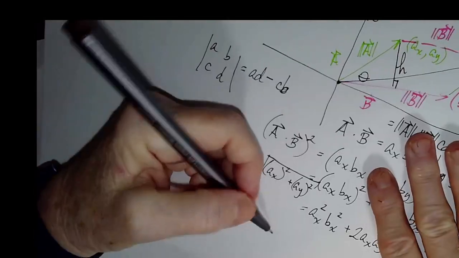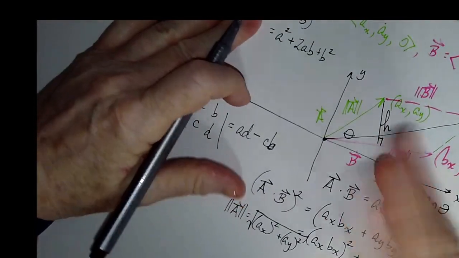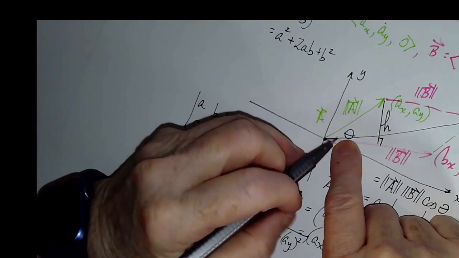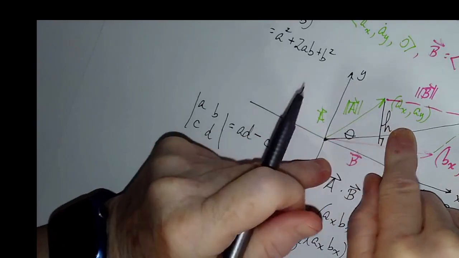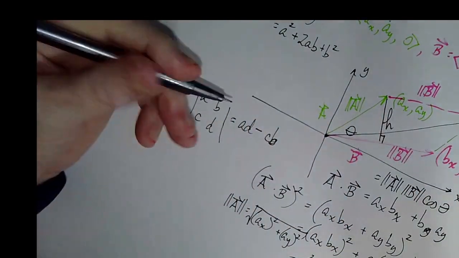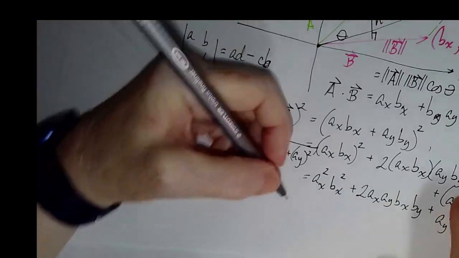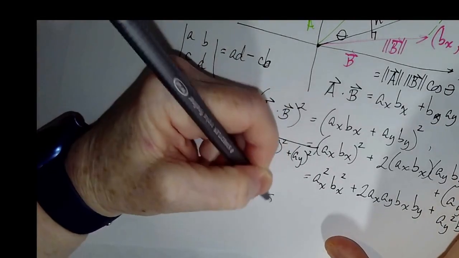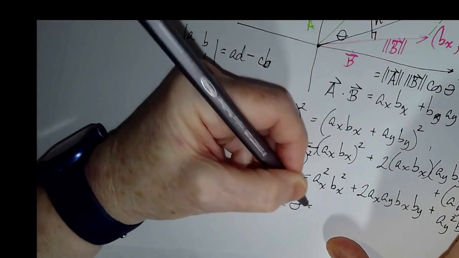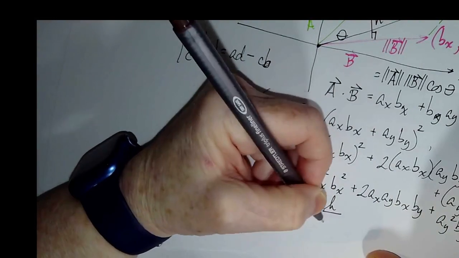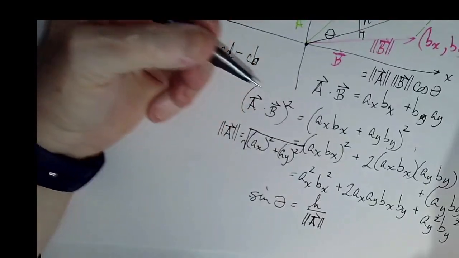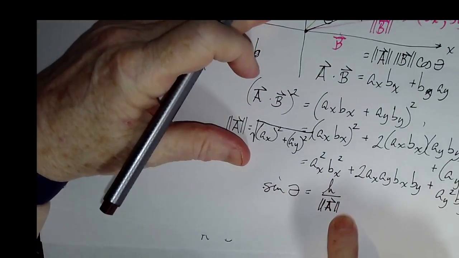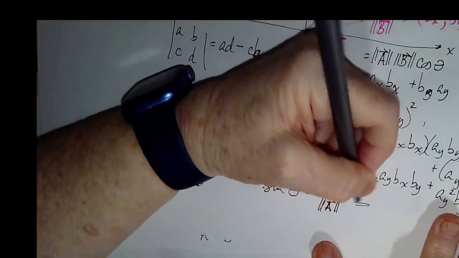We know that which trig function connects theta with the side opposite and the hypotenuse. You got it, absolutely. We know that the sine of theta is h over the magnitude of A, and it's h I was trying to find.